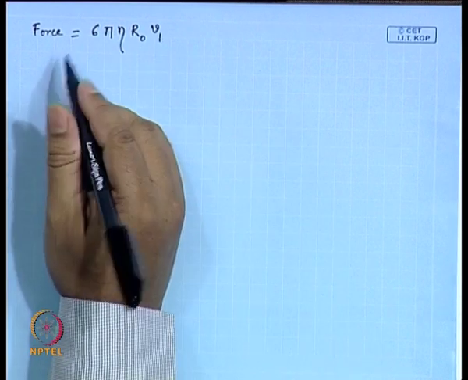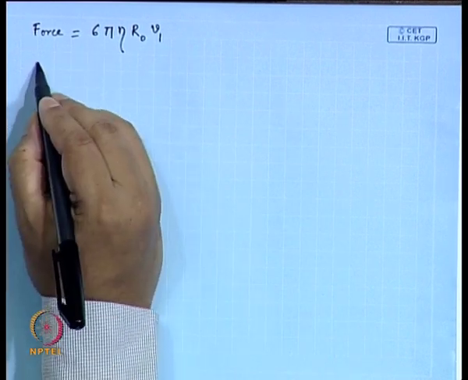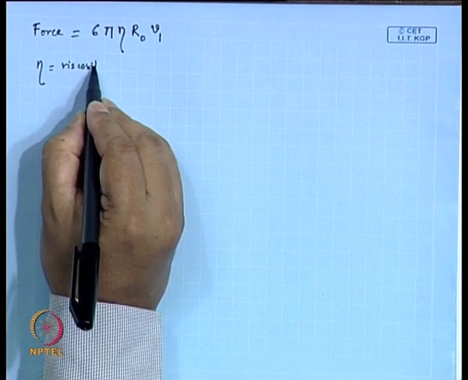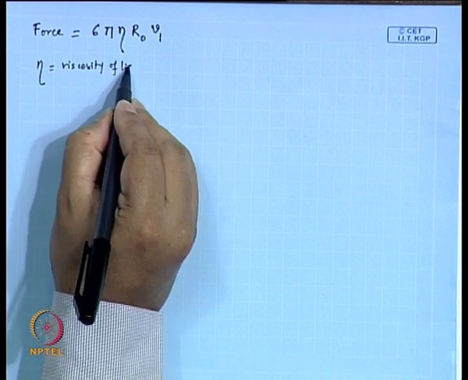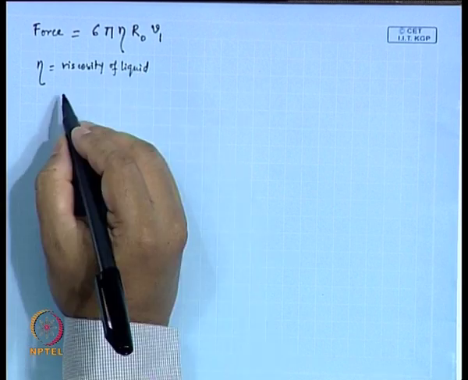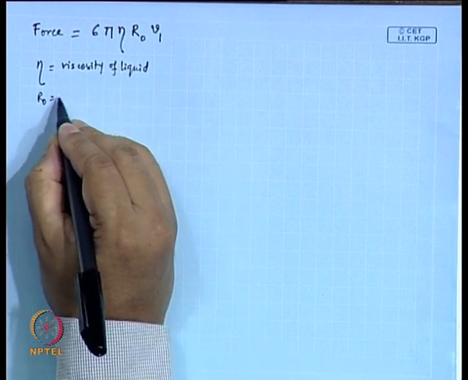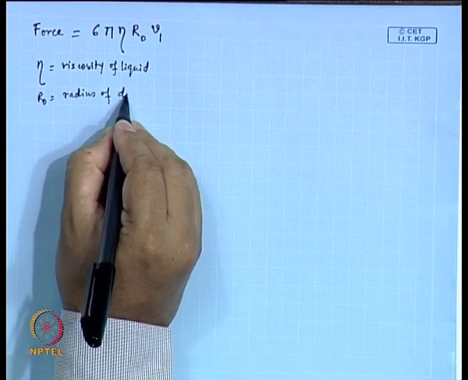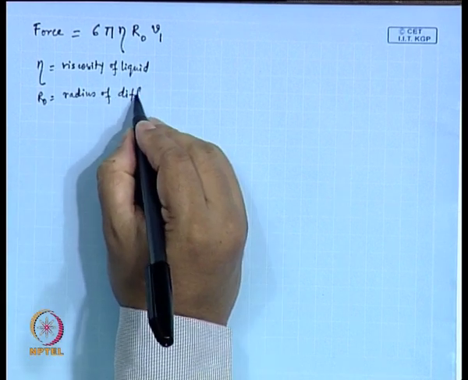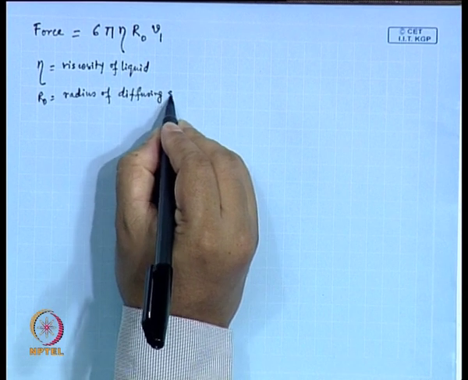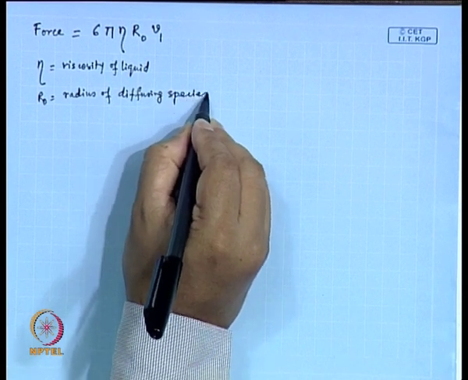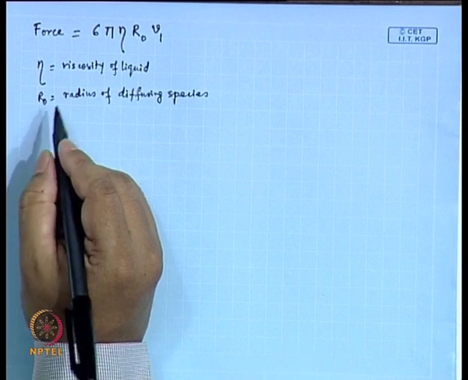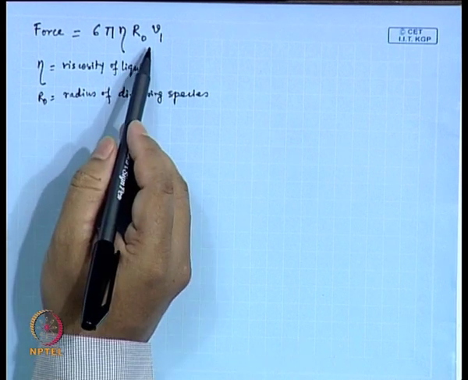Pi is 3.14, eta is the viscosity of the liquid, r0 is the radius of the diffusing species, and V1 is the velocity.